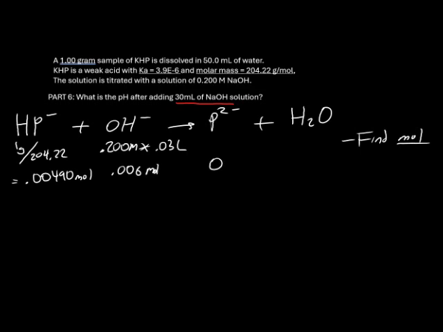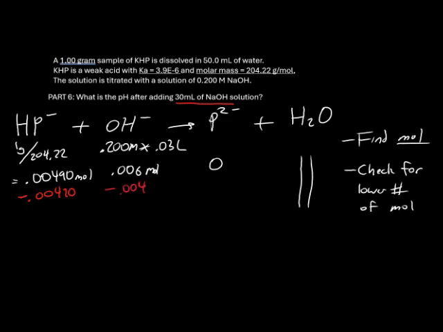We start with no P2 minus, and we don't have to worry about water. Now we check which number of moles is lower. The lower number of moles this time will be our HP negative. We will lose all of it. And we will lose the same number of moles from both reactants.